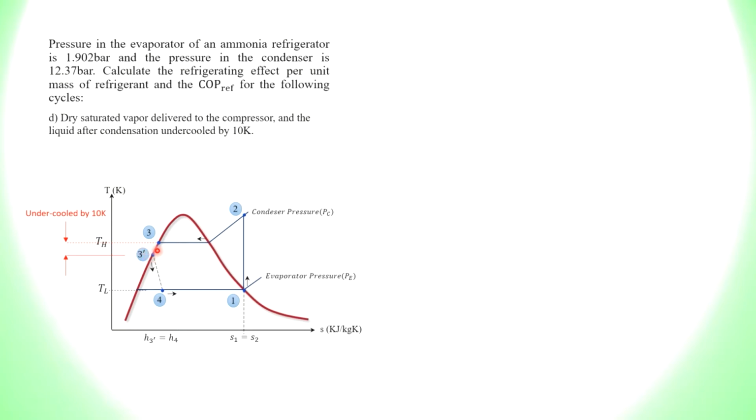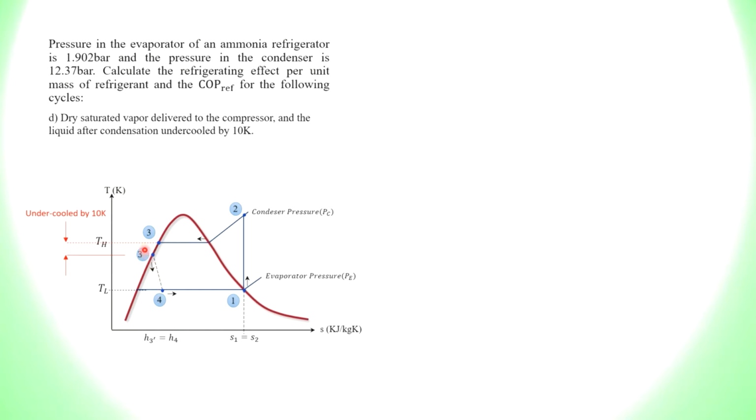But for simplicity, most of the references have considered that 3 prime will be sitting on the saturated liquid line. Then after that, it will undergo irreversible expansion in the throttling or the expansion valve.